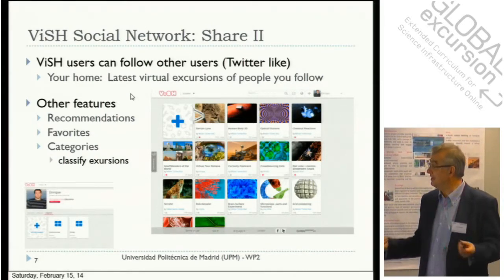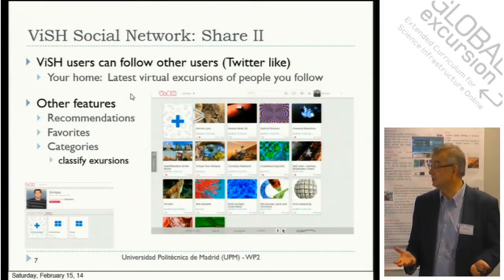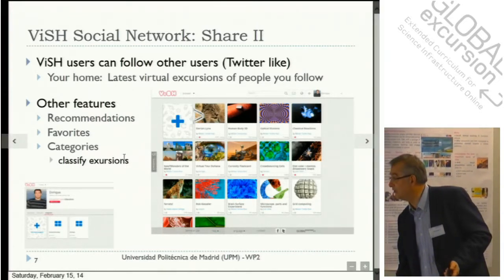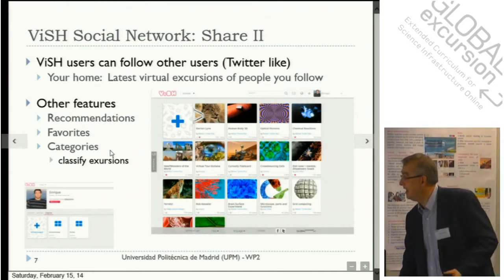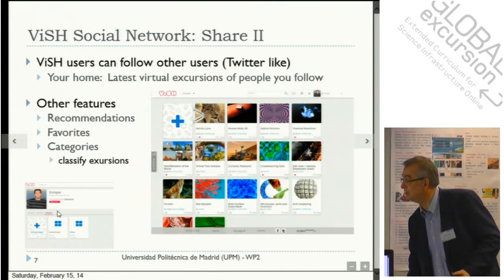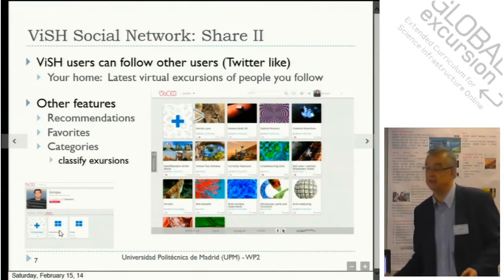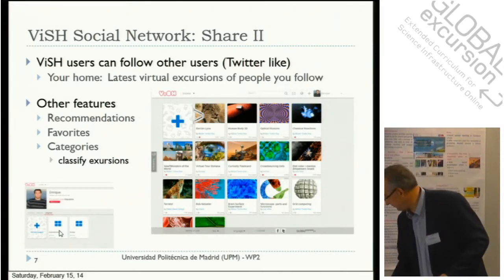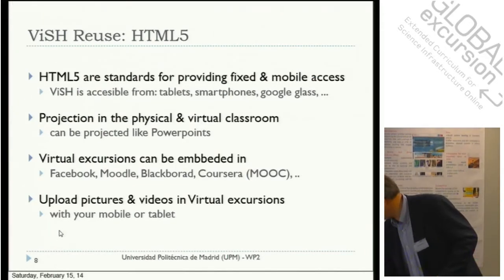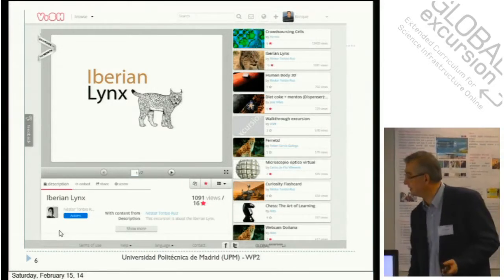When you navigate, how can I collect the things which I like? Basically by making them favorites or by including them in a category. Each user has a set of categories in his profile where every category he creates is there, and also a category for favorites, and everything he clicks in favorites or introduces in a category is stored in his category.